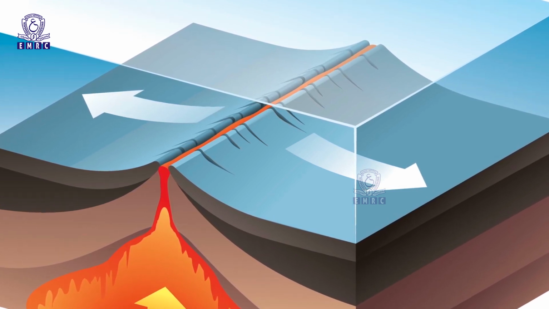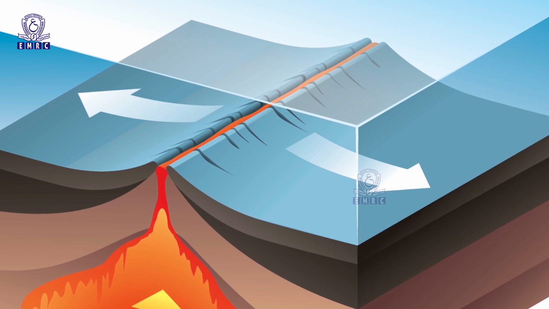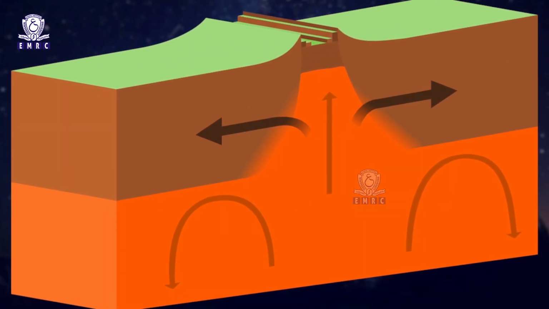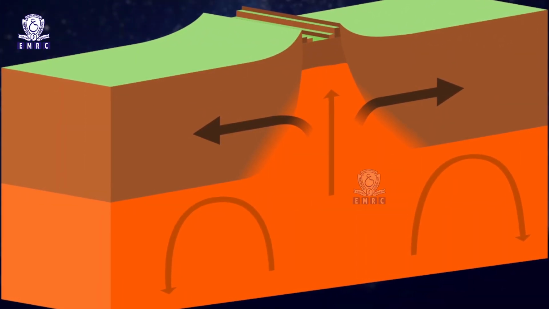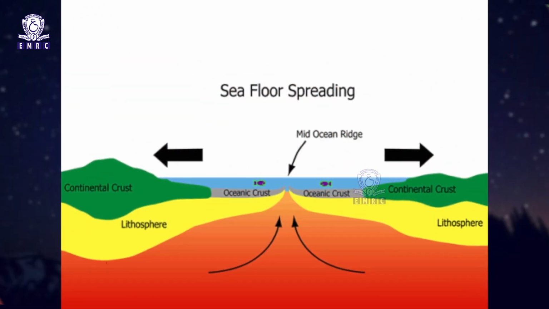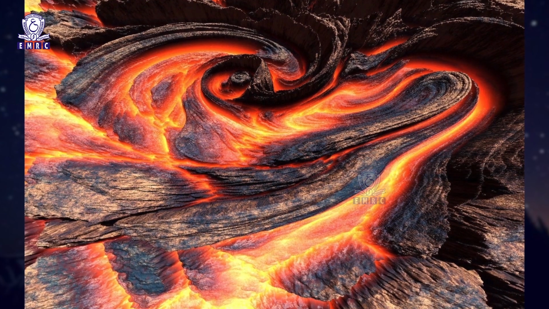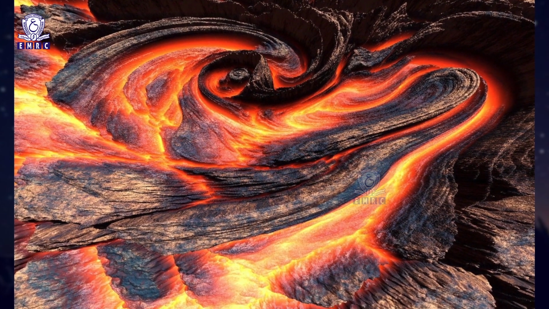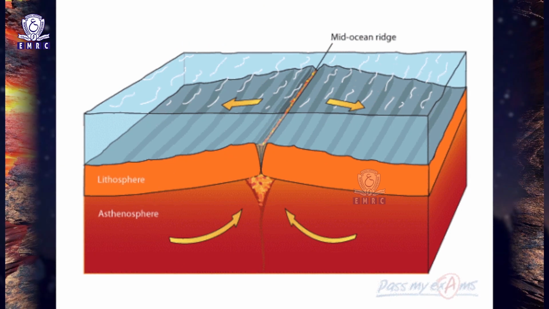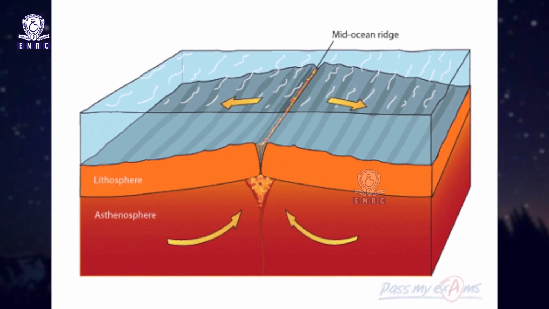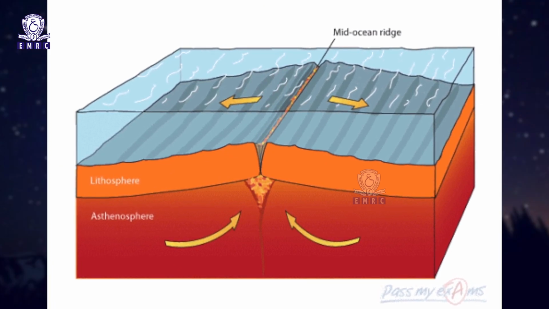Due to the divergence of the plates, a gap is created, that is the spreading center, along which the hot material rises and spreads on the ocean floor, that is sea floor spreading. The molten lava cools and solidifies to form new crust or plate material along the trailing ends of the divergent plates.